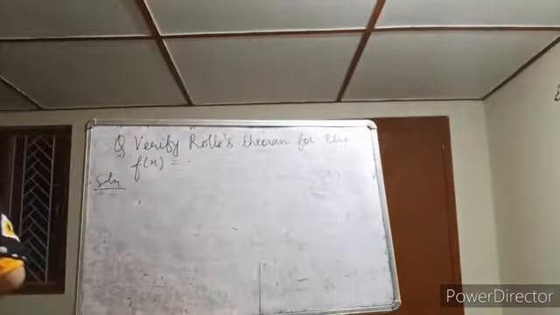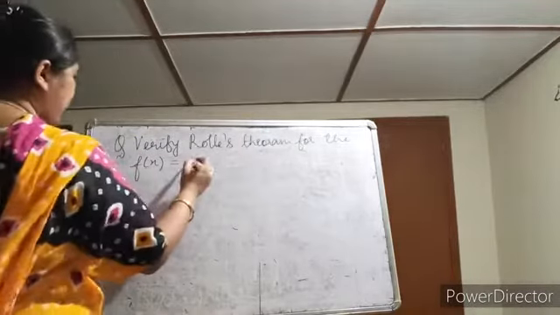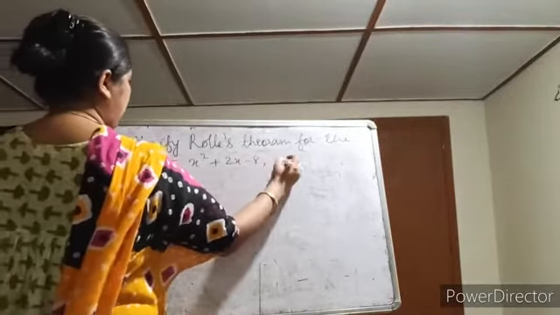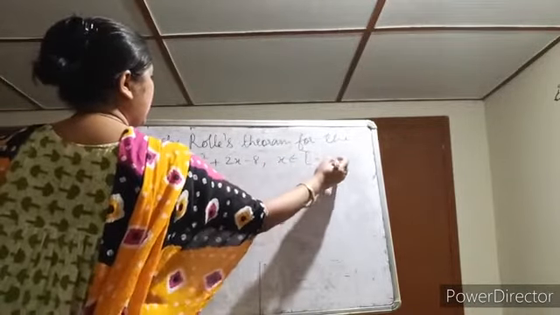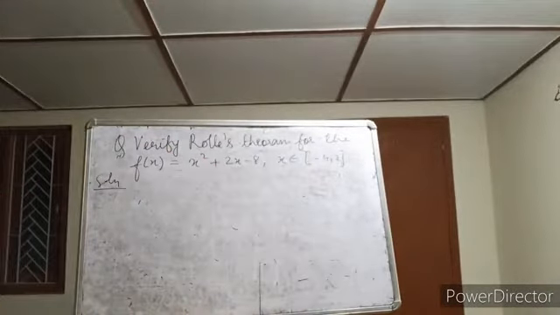Okay, so let's suppose for Rolle's theorem, I take my function x square plus 2x minus 8, where x belongs to the closed interval minus 4 comma 2.